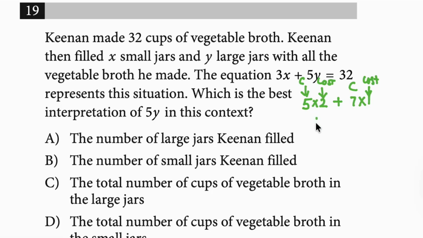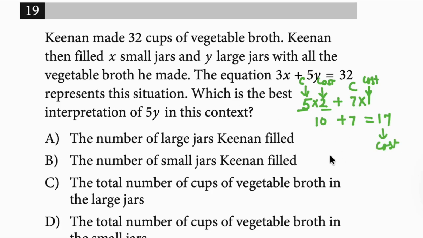So 5 twos are 10, $10 overall cost for the chocolates, and 7 ones are 7 for the candies. So the total cost is $17. So you see, items times cost plus items times cost is equal to total cost, right?